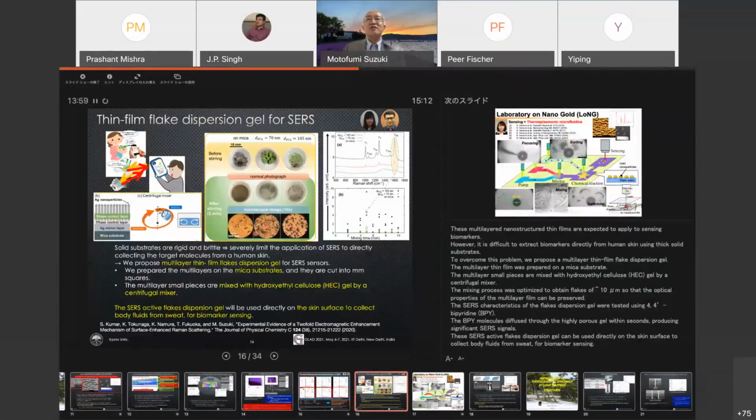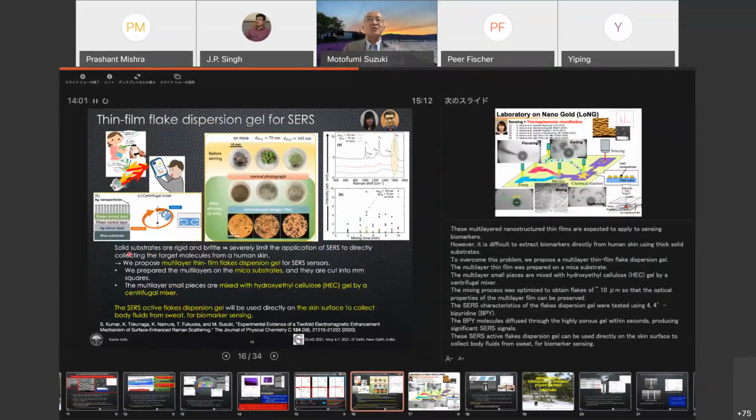These multi-layered thin films are expected to be applied to sensing biomarkers. However, it is difficult to extract biomarkers directly from human skin using a thick, solid substrate. To overcome this problem, we propose a multi-layer thin film flake dispersion gel.